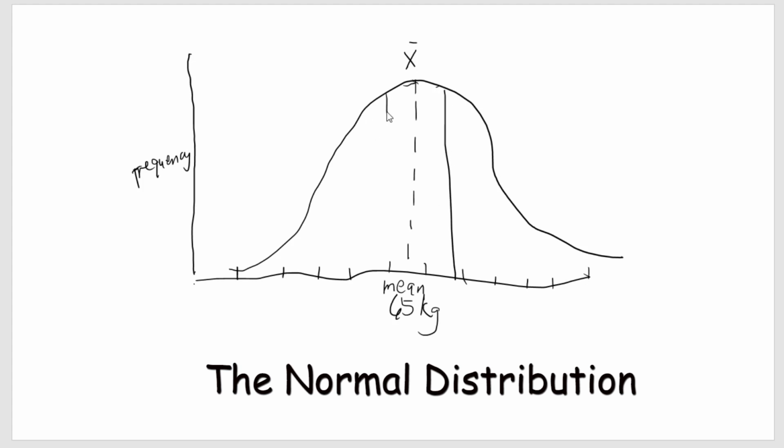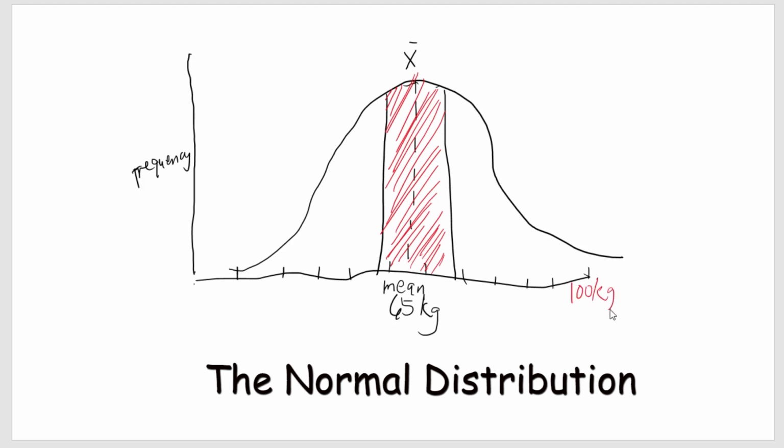In this portion, there are many more people weighing around 65 kilograms. But if you go beyond 65 kilograms, you will notice a lowering of frequency. For example, it's rare to find a woman around 100 kilograms, and the curve has lower frequency in this part, because remember, this is the y-axis, the frequency.